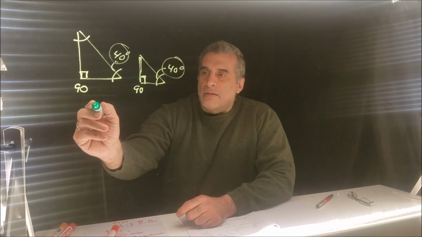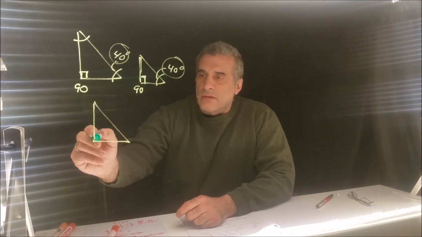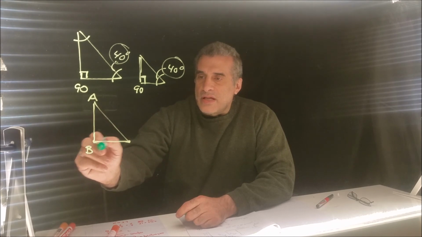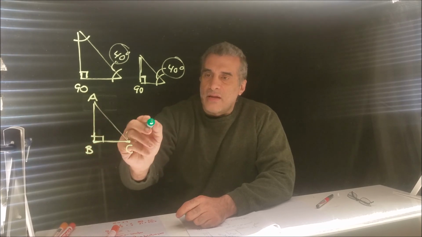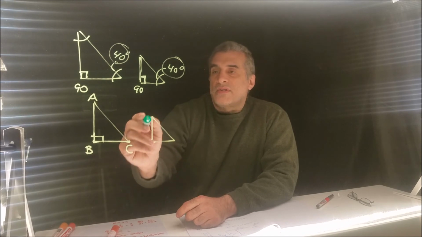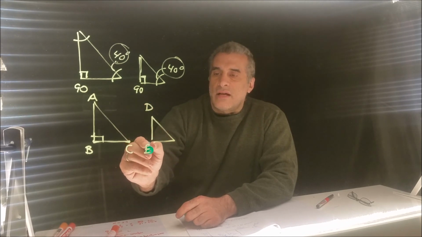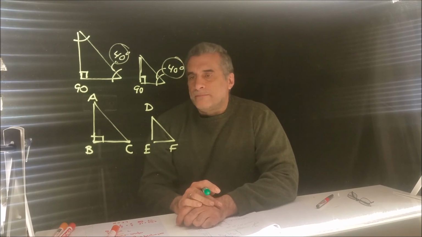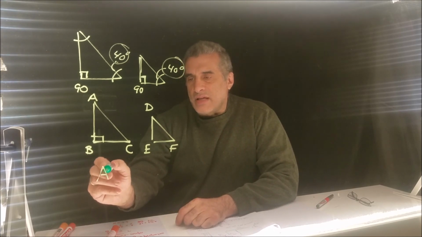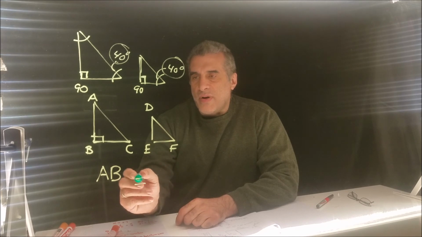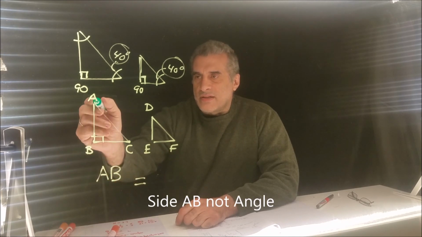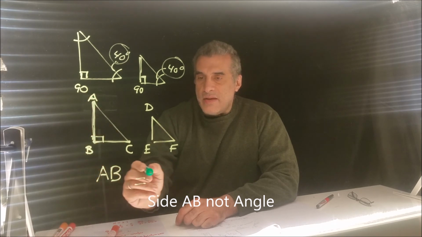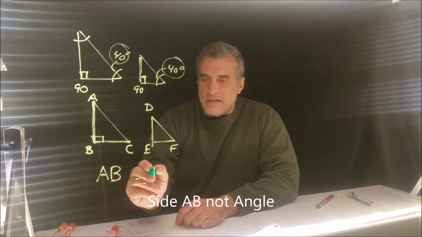So let's put some letters to represent each angle. Let's say that's angle A, that's angle B, and that's angle C. And then we'll do another one over here. We'll say that's angle D, angle E, and angle F. So we know that side AB, A and B, corresponds to side DE.